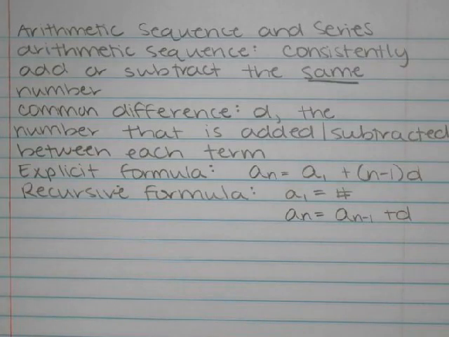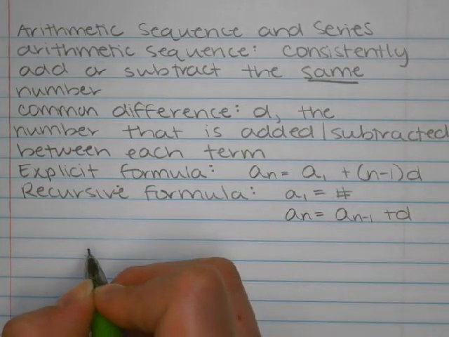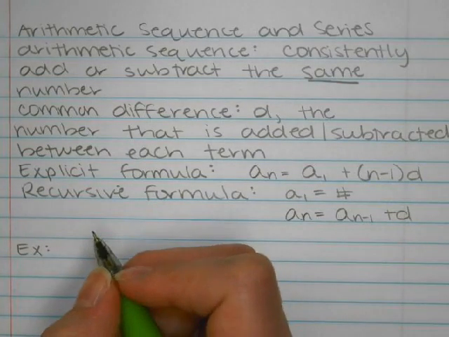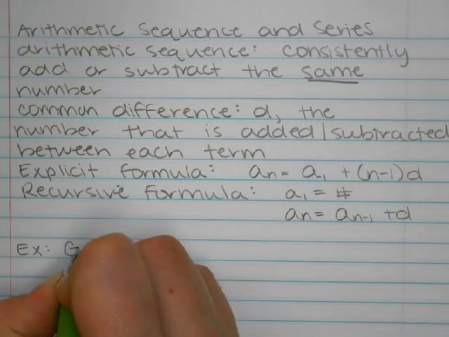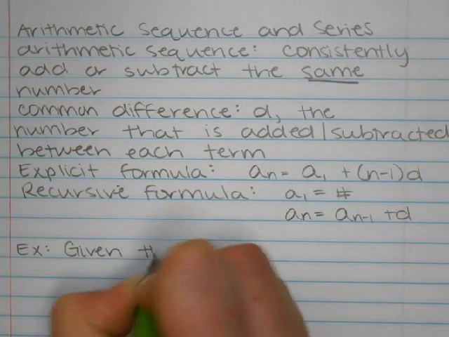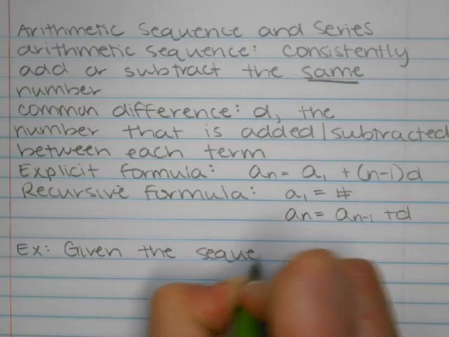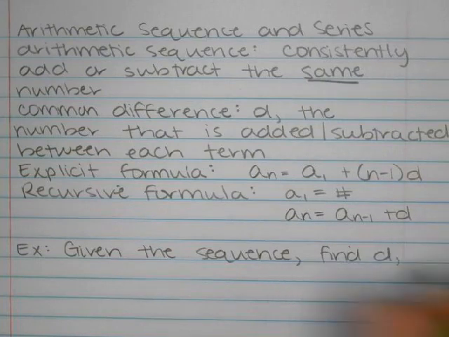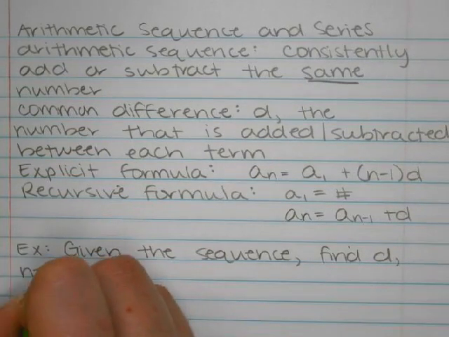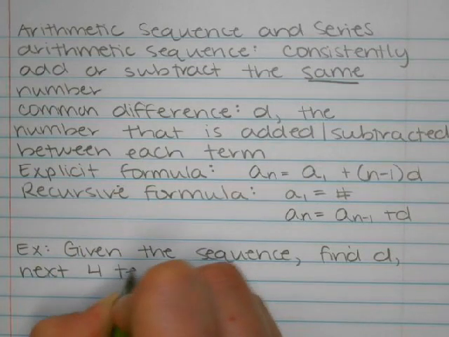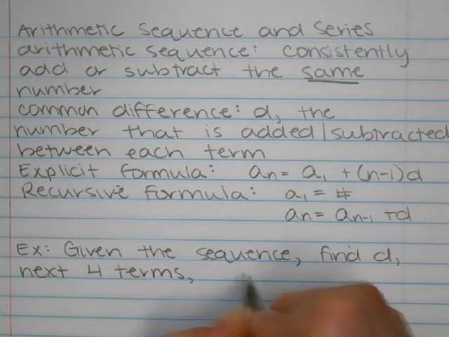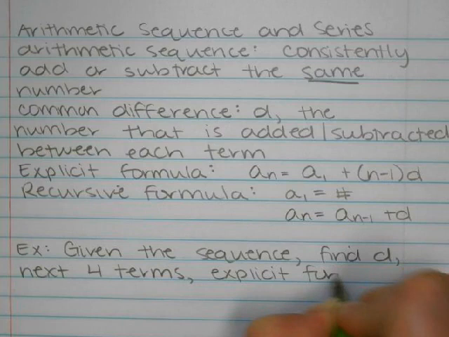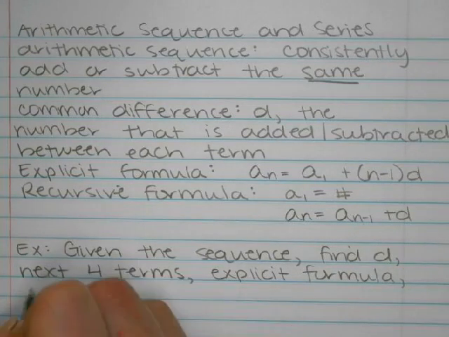All right, so we're going to go ahead and go through some examples. I'm going to say that from the given sequence, find the value for D, the next 4 terms, the explicit formula, and the recursive formula.